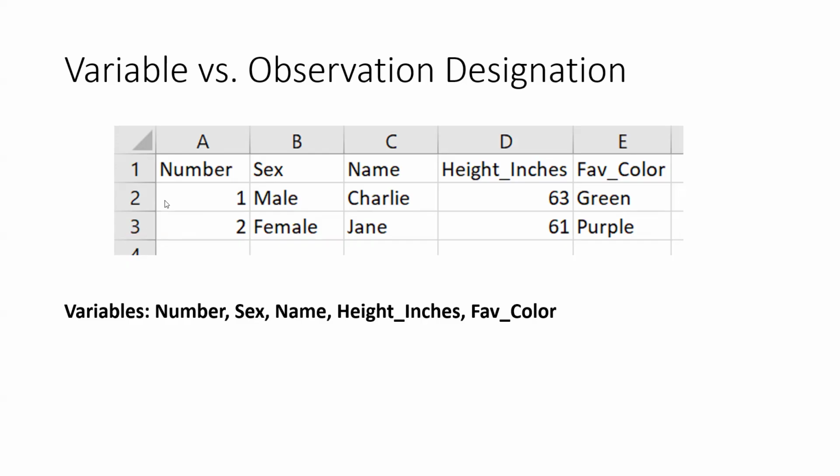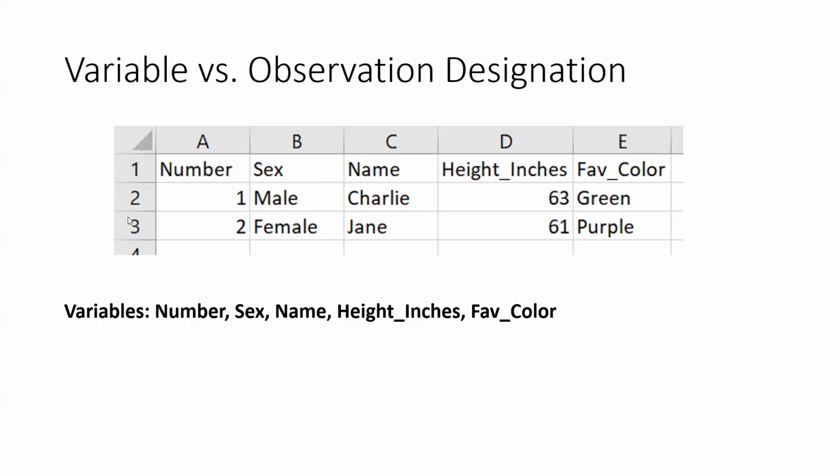And for this particular individual, that ID 1 is representing, their sex is male, their name is Charlie, their height in inches is 63, and their favorite color is green. So number, sex, name, height inches, favorite color, these are all variables. And contained within the variables are, for number 1, the observations male, Charlie, 63, green.